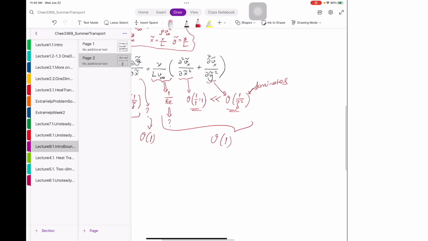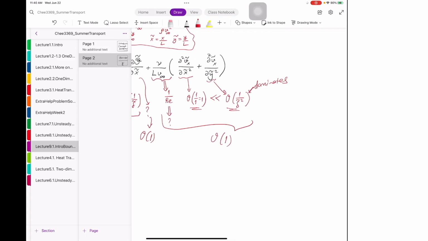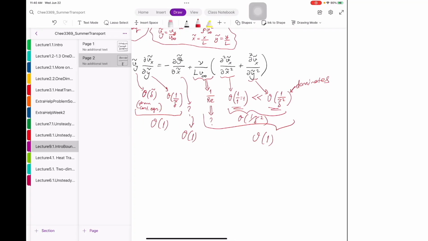Right? And it's in the order of 1 over delta tilde squared. I'm not multiplying them, I'm just using the dominant one, in the order of 1 over delta tilde squared. But I want this entire thing to be in the order of 1.